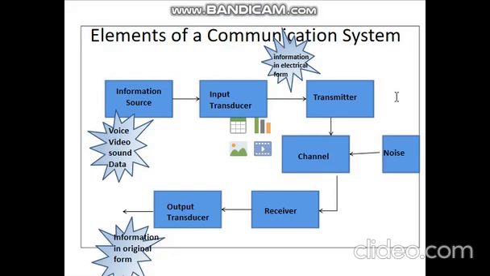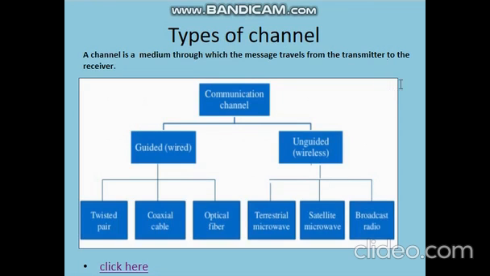Now, what is a channel? A channel is a medium over which the signal is transmitted to the receiver. Channels are classified into two types: guided channels and unguided channels.